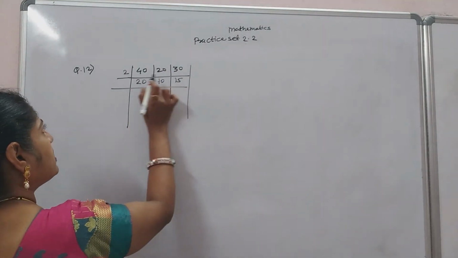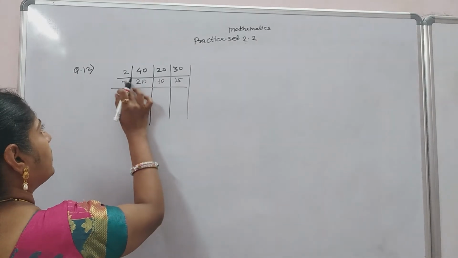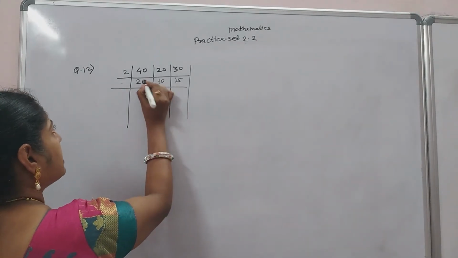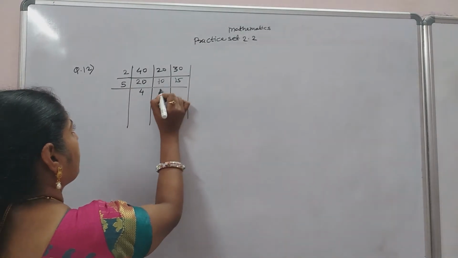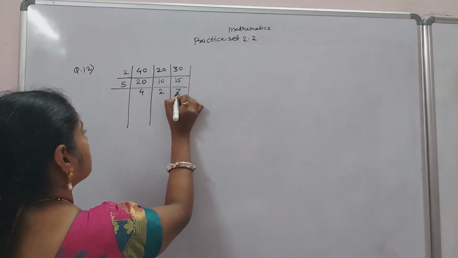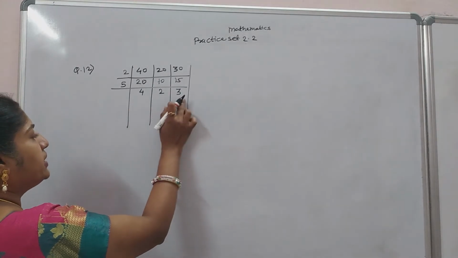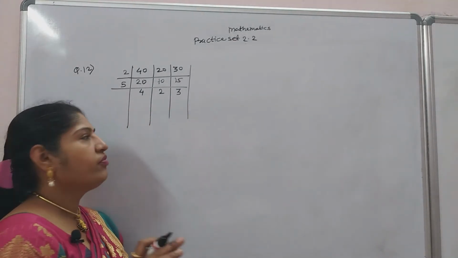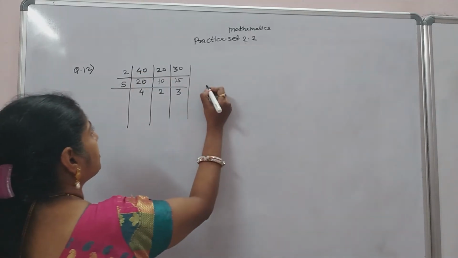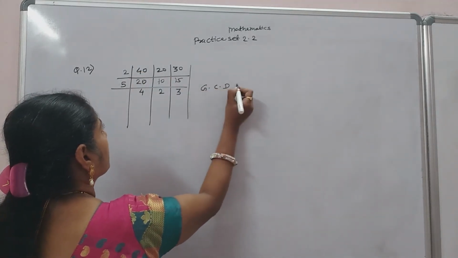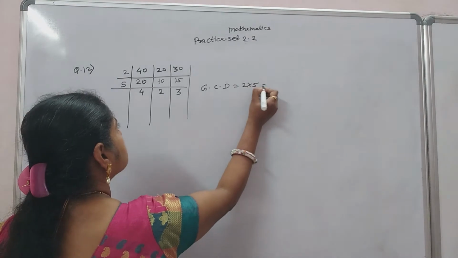Now two of these numbers are divisible by 2, but all 3 numbers are divisible by 5. 5 4s are 20, 5 2s are 10, 5 3s are 15. Now 4, 2 and 3, there is no common factor between all 3 numbers. So GCD is equal to 2 into 5, that is 10.